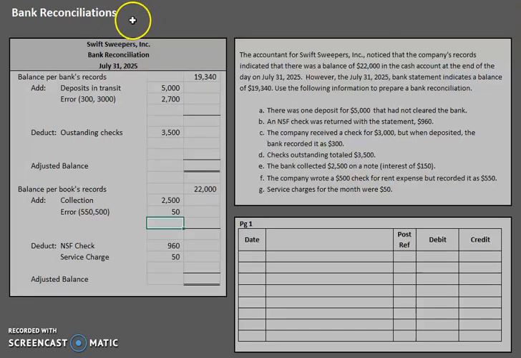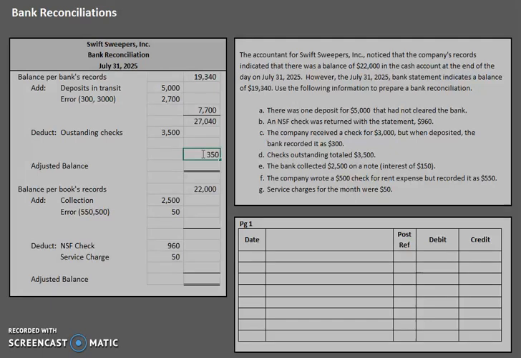Now that we have everything actually in our bank reconciliation, we still have another step. We have to add everything up. So let's go ahead and total up all of those pieces. So we have 7,700, 19,340 plus 7,700, so that's 27,040.